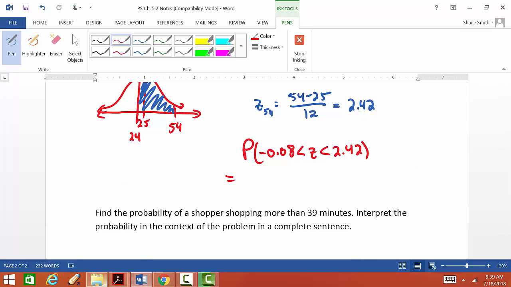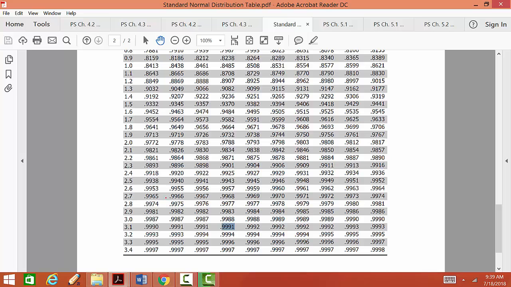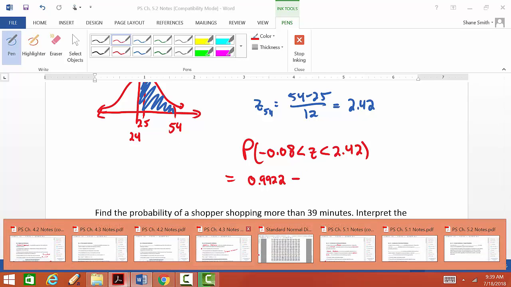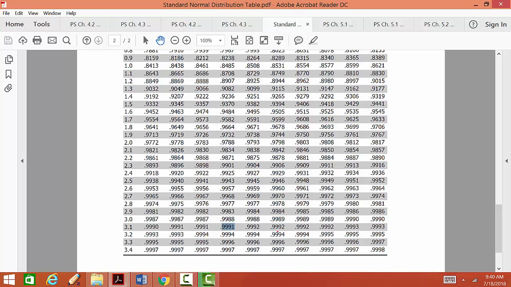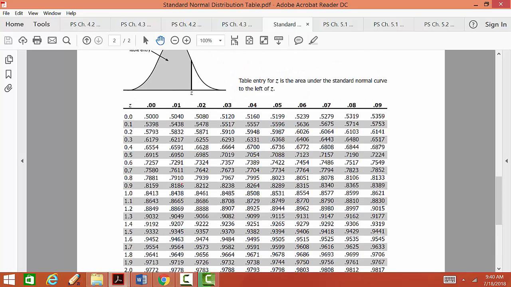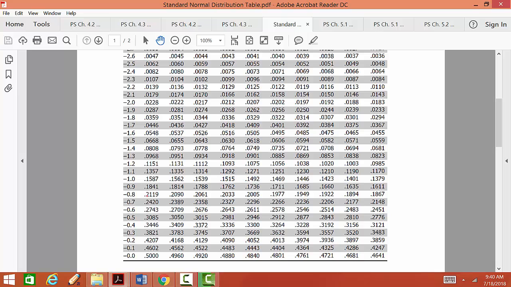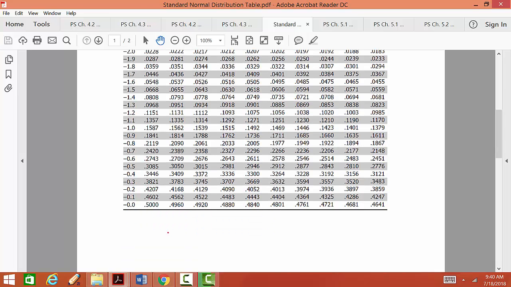So if I look up 2.42, I get 0.9922. And if I look up the other one, excuse me, the z-score was negative 0.08. That's 0.4681.